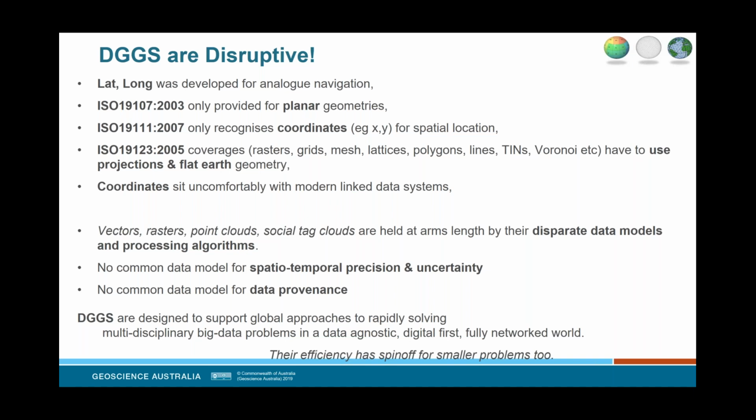Also, because you're able to associate any amount or type of information with a cell, you're able to store rich metadata and provenance information alongside your data and spatially tied to your data through the DGGS. So again, DGGS are able to cut through some of the conventional approaches and thinking around this to bring things together and unify them.